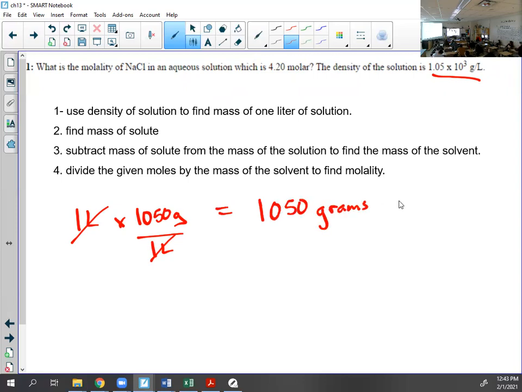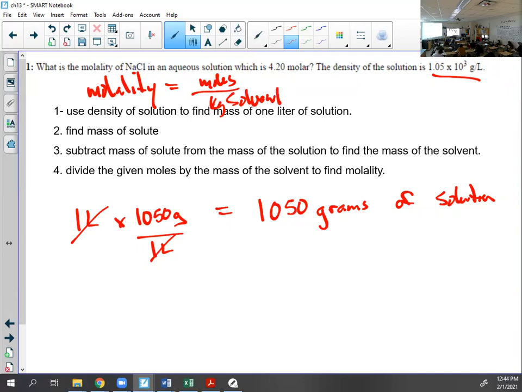And that's the grams of solution. And please remember, solution is always 2 parts, solute and solvent. In order to solve for molality, I need moles per kilogram of solvent. So I'm using these steps right here to get the kilograms of solvent.